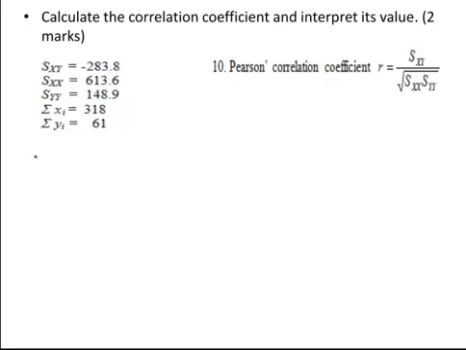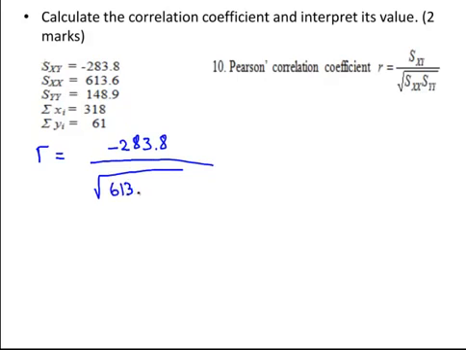So let's calculate that. r is equal to Sxy, minus 283.8, divided by the square root of Sxx, 613.6, times Syy, which is 148.9. What we're going to do now is a little bit of calculator work, but our answer should work out to be minus 0.939.